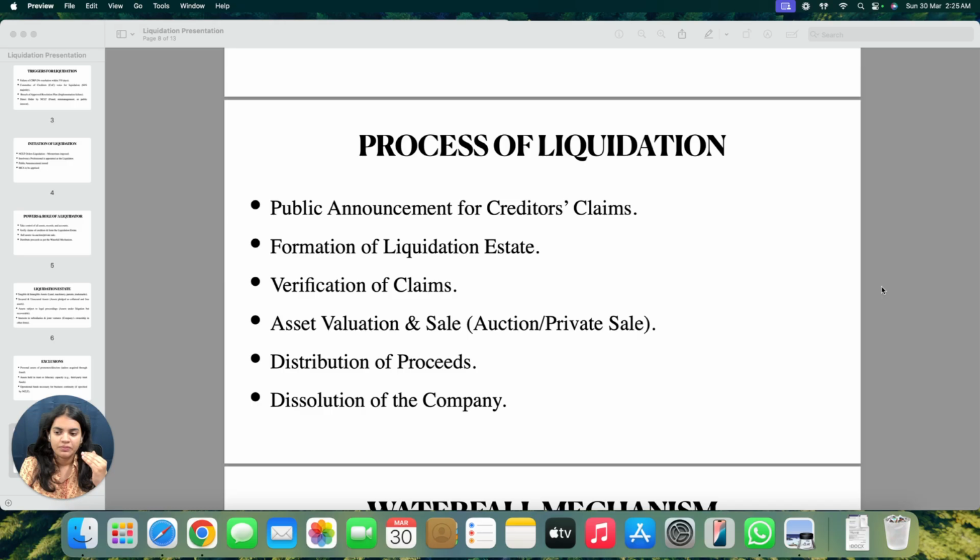So, once the verification of claims is done, the liquidator will file a list of stakeholders with the adjudicating authority. Once such a list of stakeholders is filed, a committee is constituted, the stakeholder consultation committee.